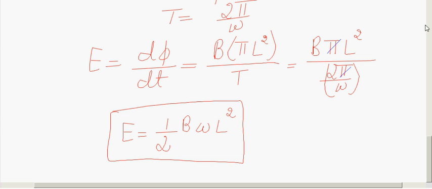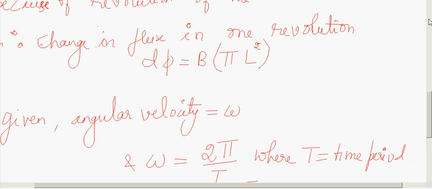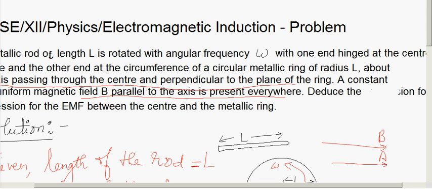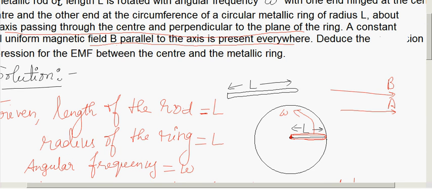I will just repeat the steps. To calculate induced EMF, you should know the rate of change of flux. Because the rod is rotated with angular frequency omega along the circular path, the change in flux is due to change in area.